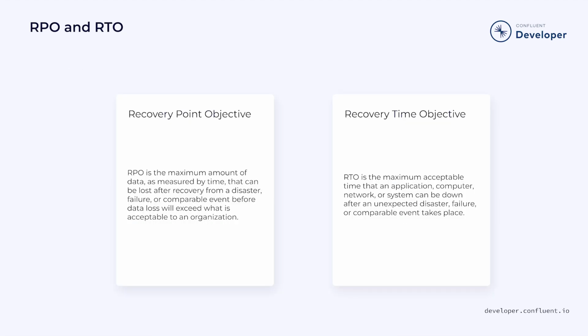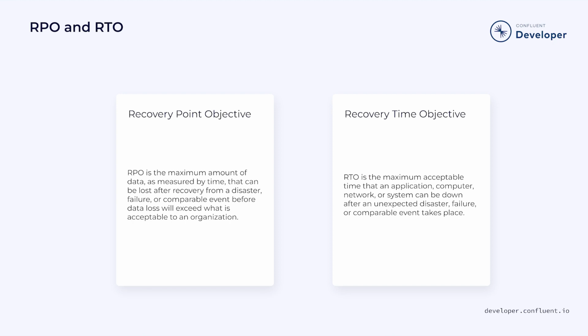Step 2 is determining and assigning an RPO and RTO for your data. RPO stands for Recovery Point Objective, while RTO stands for Recovery Time Objective. RPO is primarily concerned with the amount of data that you can afford to lose when a disaster happens, whereas RTO is primarily concerned with the acceptable time a system or service is down after a disaster.